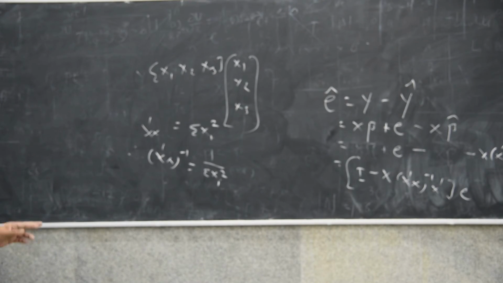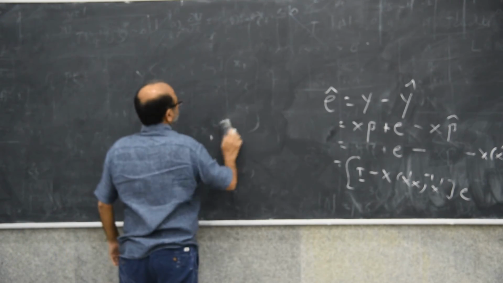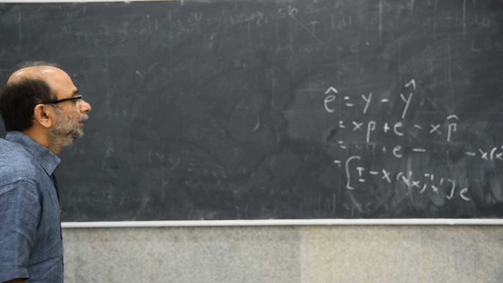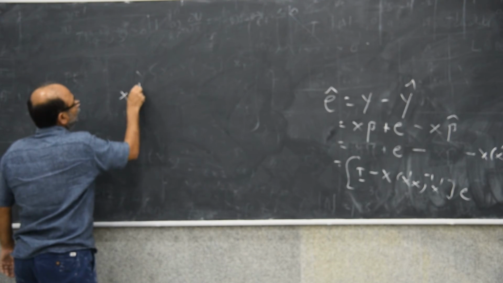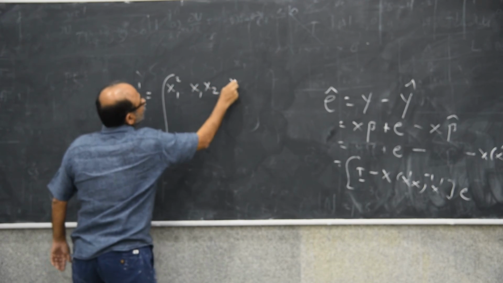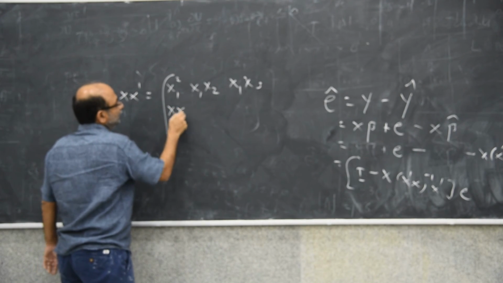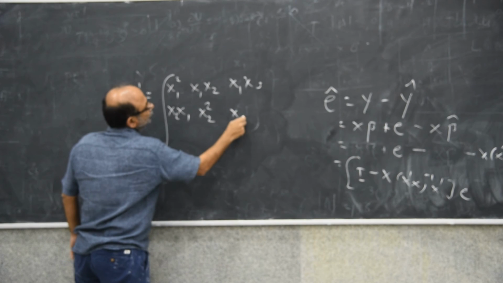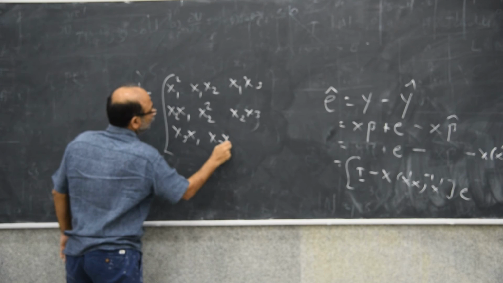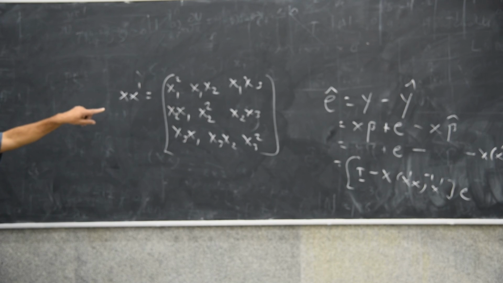Now, what is x into x dash? x into x dash will be x1 square, x1 x2, x1 x3, x2 x1, x2 square, x2 x3, x3 x1, and so on.